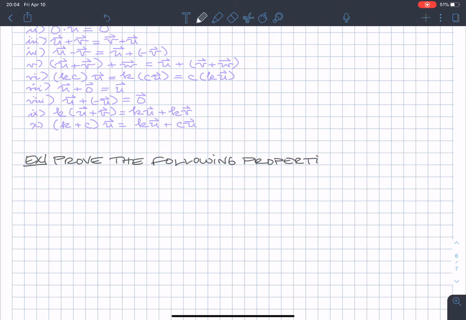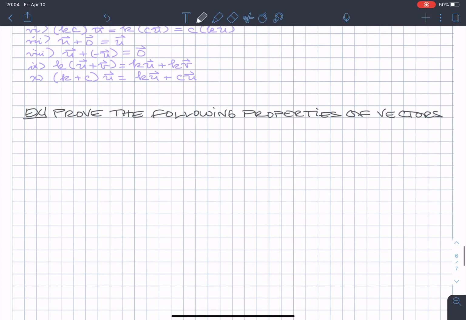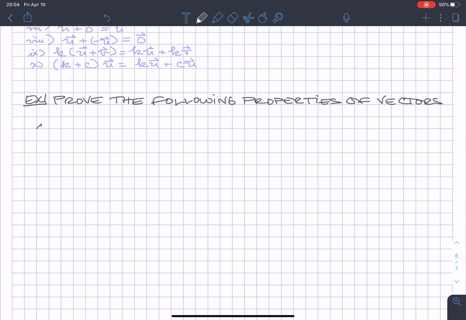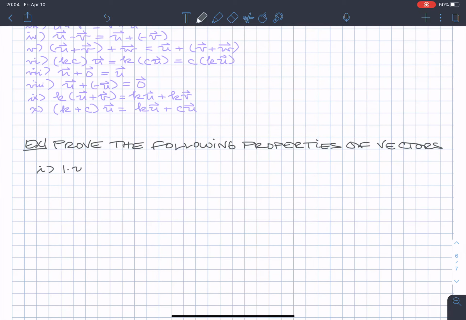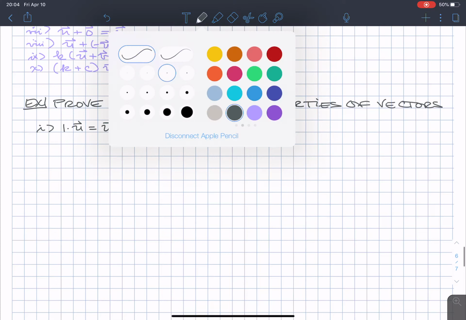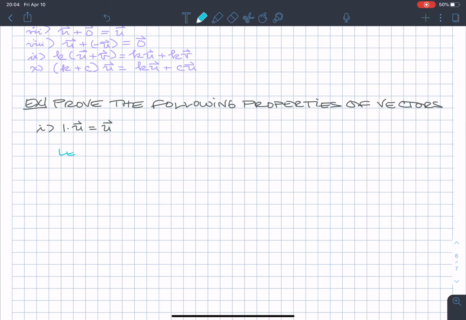Okay, so number 1, let's prove that 1 times any vector u is vector u. Well, that's kind of silly, but here we go. Let's let vector u be x comma y.